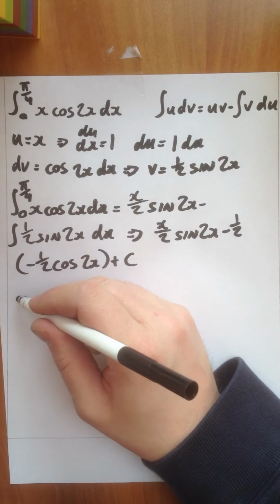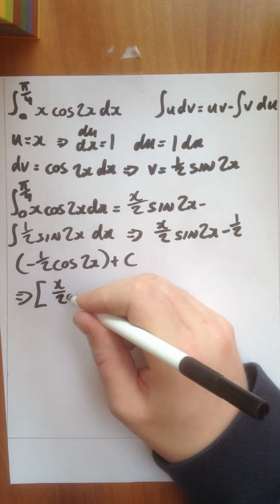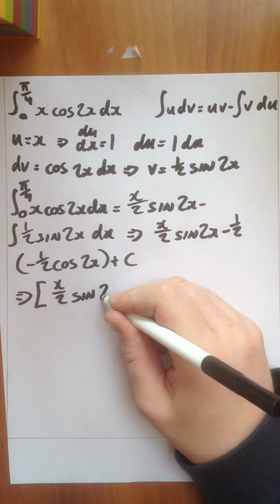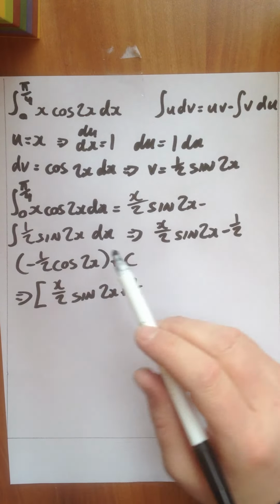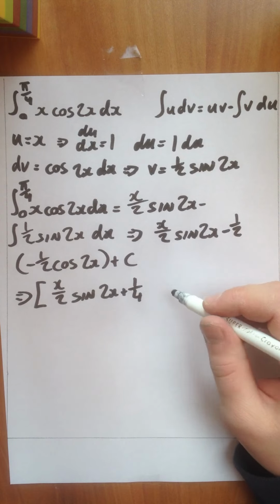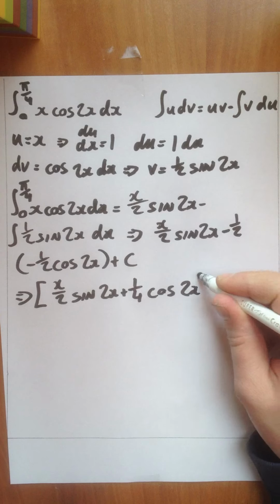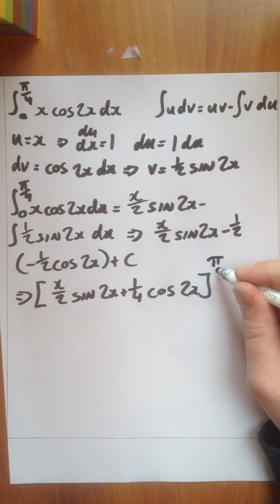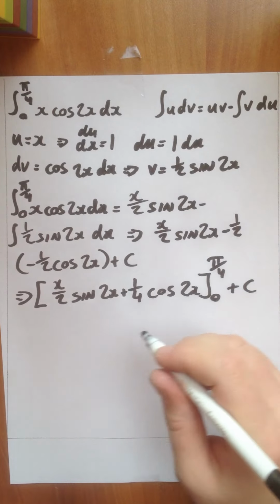Now we apply our limits to this, so we put x over 2 sine 2x plus 1 over 4 cosine 2x, because we've taken our minus half and minus half and multiplied them together to give us 1 over 4, and we apply our limits pi over 4 and 0 and our constant term.